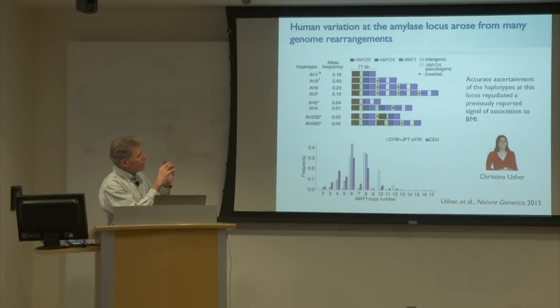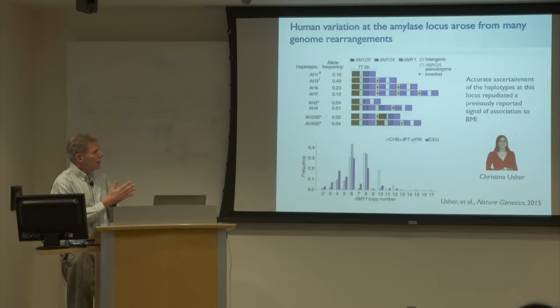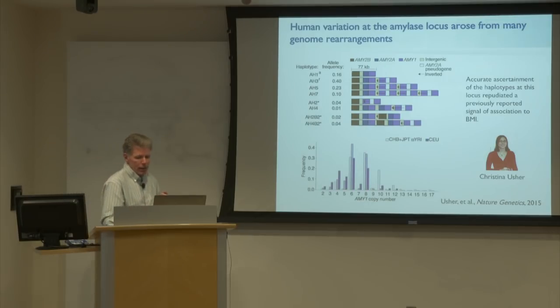But you can do this kind of deconstruction of the different haplotypic structures and then look at their frequency in the population. By doing very careful measurements and analysis here, Christina Usher was able to show that some previous reports of a strong association to BMI at this locus were really due to misunderstanding the structure of the locus and not measuring the alleles accurately.